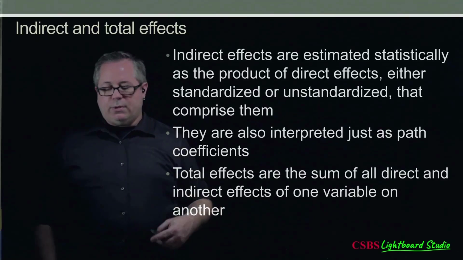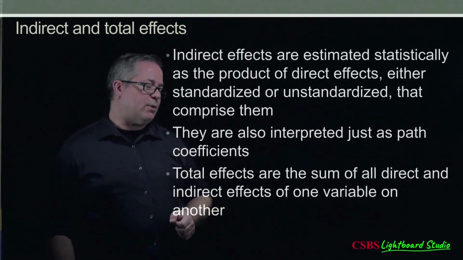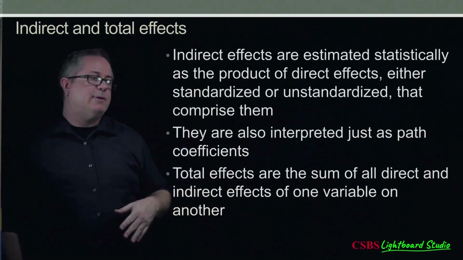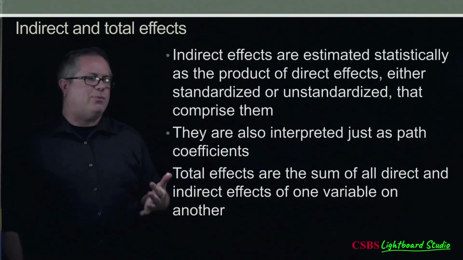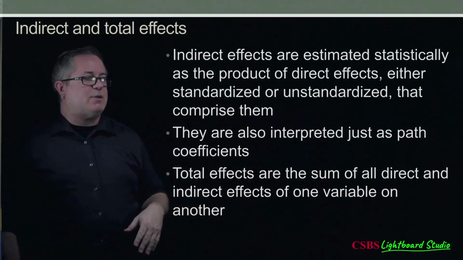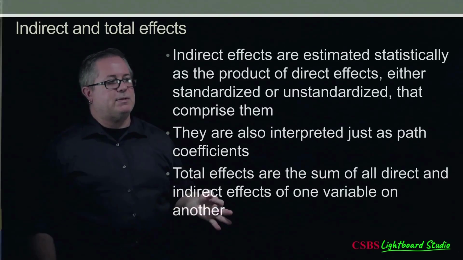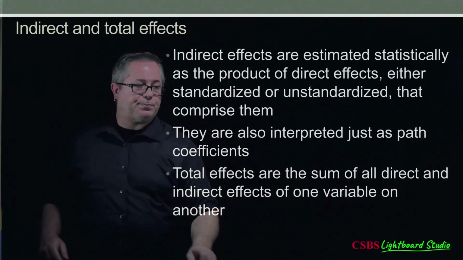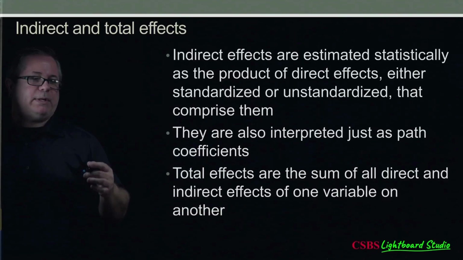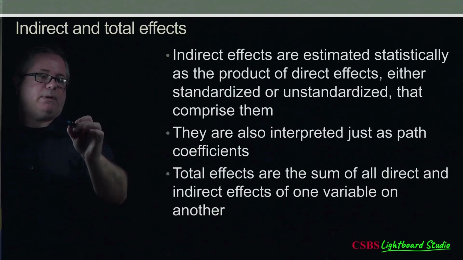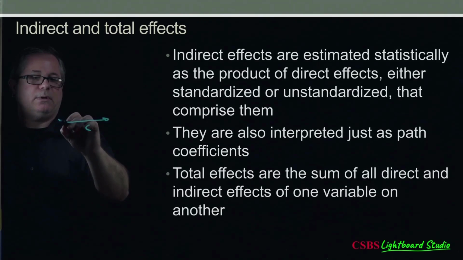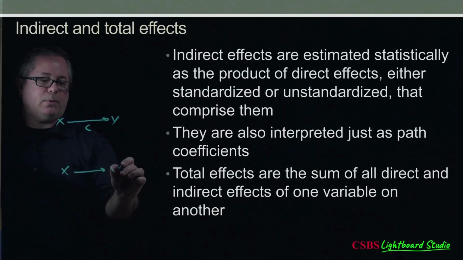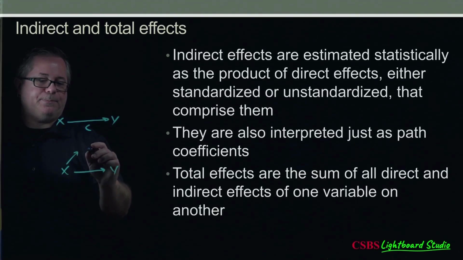All right, so this is a rehash of stuff we talked about before, but it's nice to remind you that we have indirect, direct, and total effects. Indirect effects are estimated statistically as the product of direct effects, either standardized or unstandardized, that comprise them. Remember, in a Baron and Kenny type model, we estimate C, where X predicts Y, and then we have X predicts Y with these different paths in it.